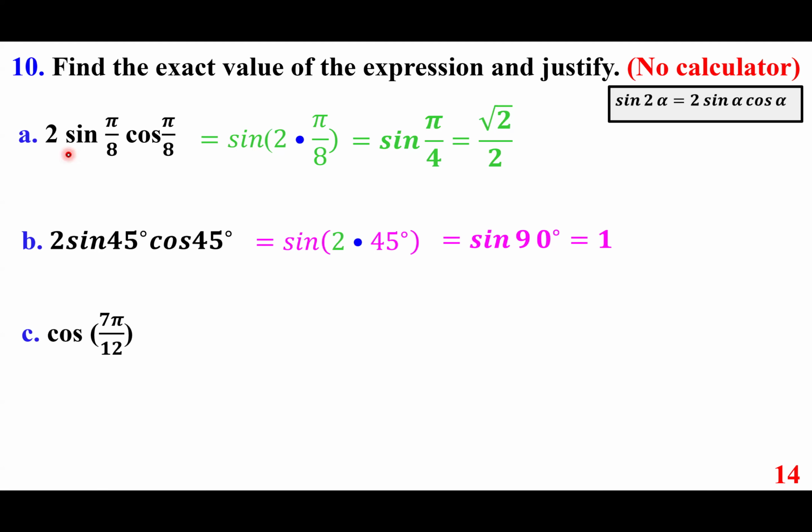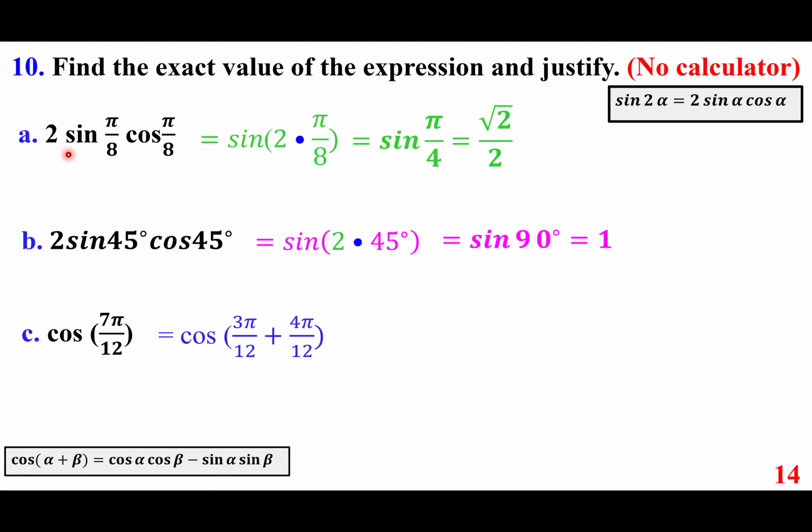Cosine of 7 pi over 12. 7 pi over 12 is the sum of 3 pi over 12 and 4 pi over 12. 3 pi over 12 is pi over 4, and 4 pi over 12 is pi over 3, both of which are common arcs. And we're going to use cosine of alpha plus beta is cosine alpha cosine beta minus sine alpha sine beta.